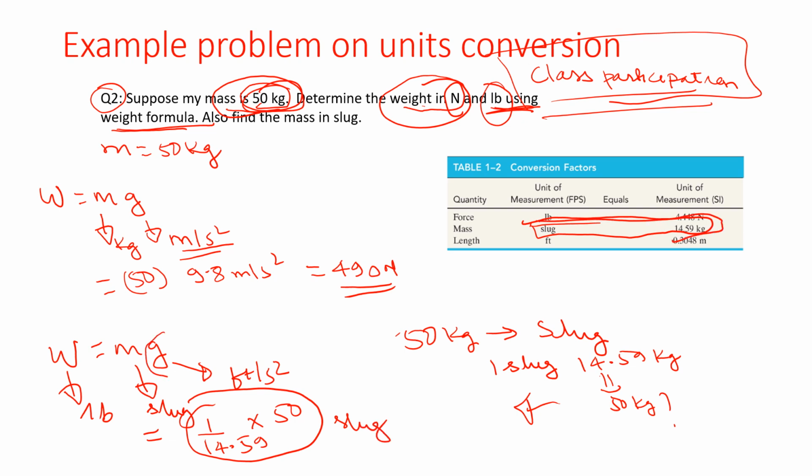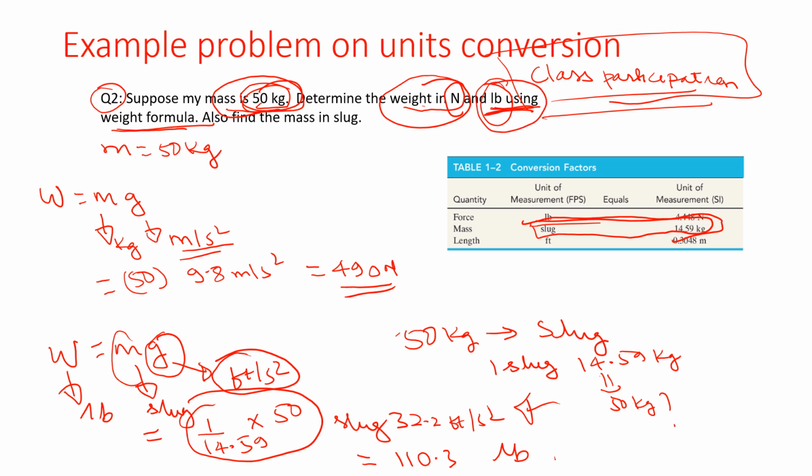Then remember, the acceleration due to gravity is in feet per second square, so it has to be 32.2 feet per second square. Multiply all these and you should get the answer in pound, pretty close to maybe 110.3 pound.